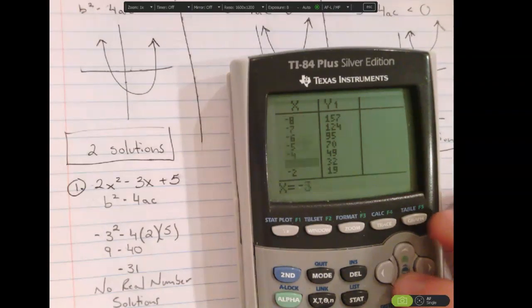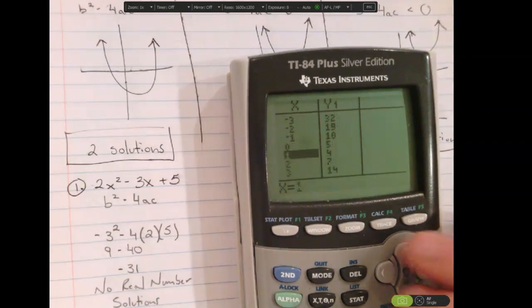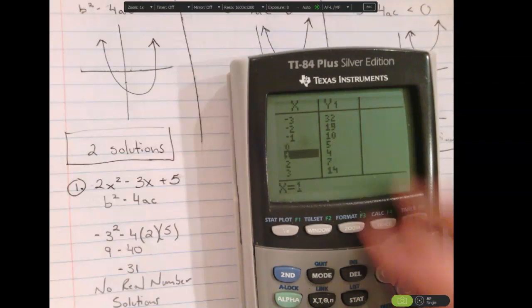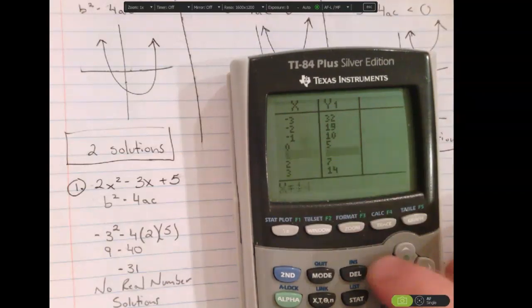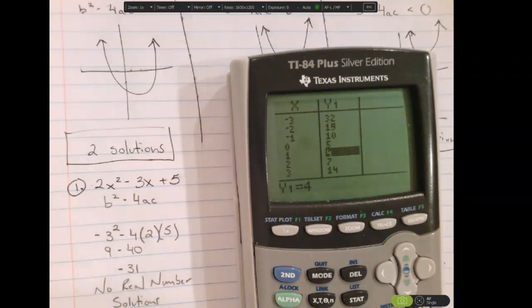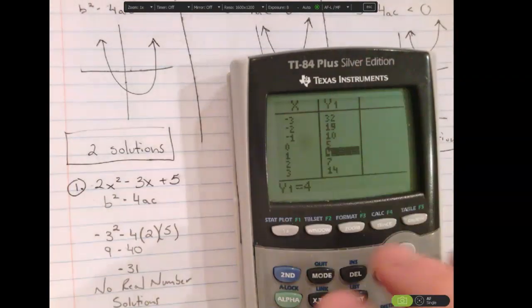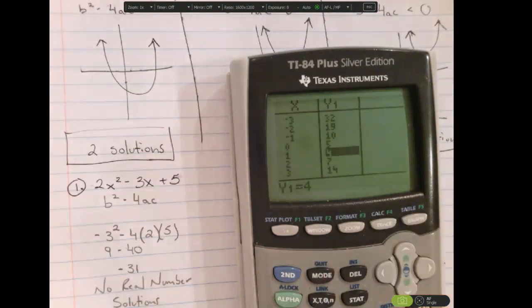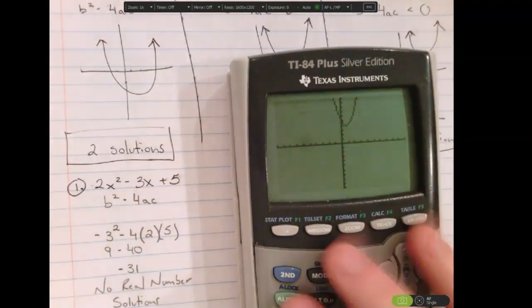You can narrow this down and know that it's going to fall somewhere near this 1, 4, because as you go up, we get higher, and as I go down, it gets higher. So I know 4 is very close to the vertex. And again, y is not equal to 0. So again, no solutions here. We can visually see that on the graph.